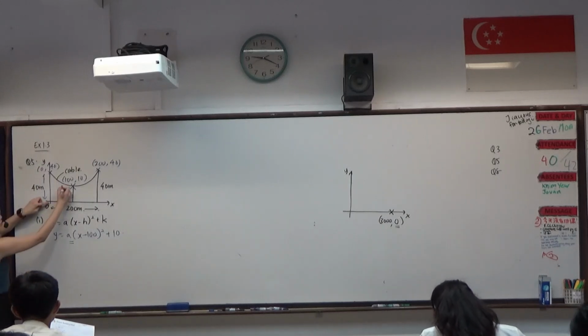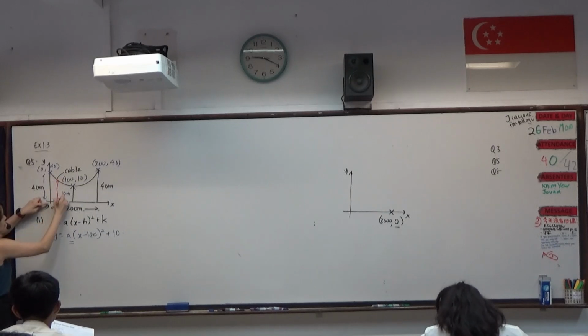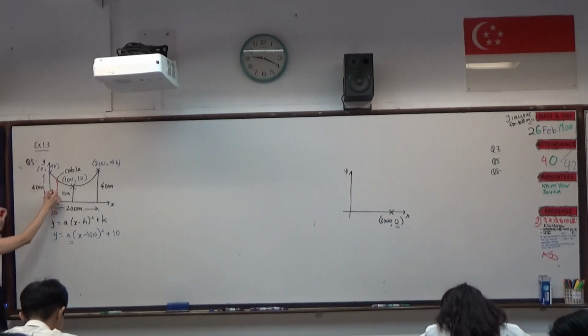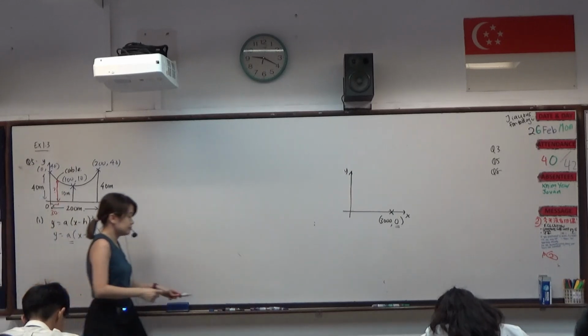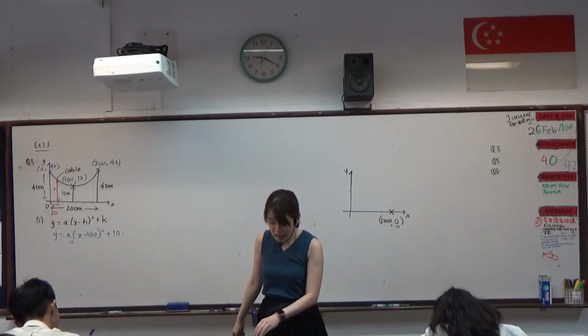The origin is here, and 30 meters is maybe somewhere here. They want you to find out what this length is, and that is when you substitute x equals 30 into your newfound equation, then you will be able to determine y. That is how we solve part 2.